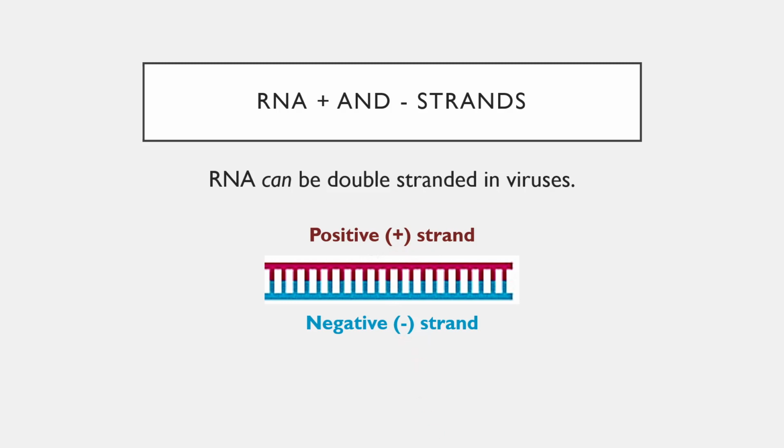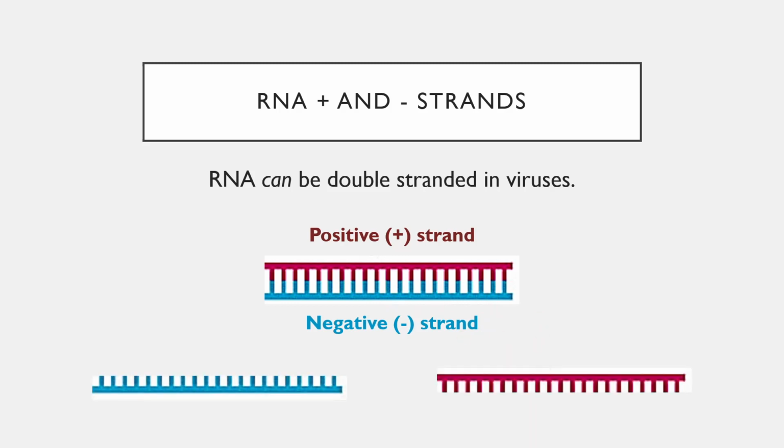So some RNA viruses have both of these strands stuck together in a double-stranded configuration, but it's also possible for viruses to have either one or the other. Some RNA viruses just have a negative RNA strand. Others simply have a positive RNA strand. And as we said, this has bearing on how the biosynthesis of new viruses takes place.